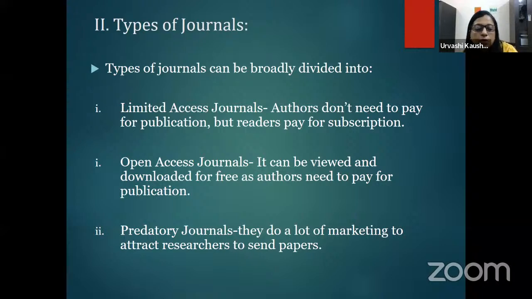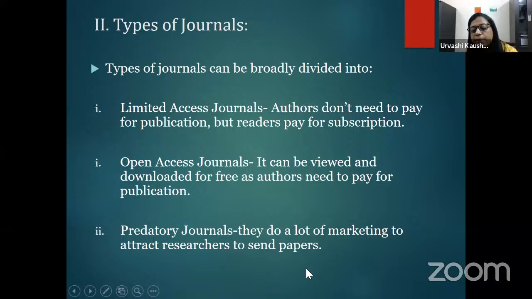Sometimes they ask you for £2,000 or so. In any of the Asian countries, researchers cannot pay such an amount of money. So open access becomes limited, although open access is considered good because it has a lot of visibility, readability, and it gets a lot of citations also. But the limitation is that the charges are so high that for researchers, it's sometimes difficult to pay.